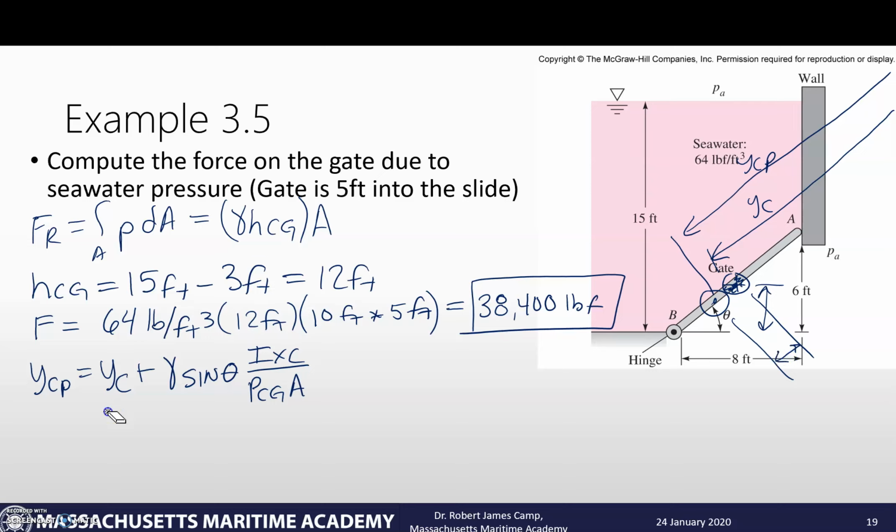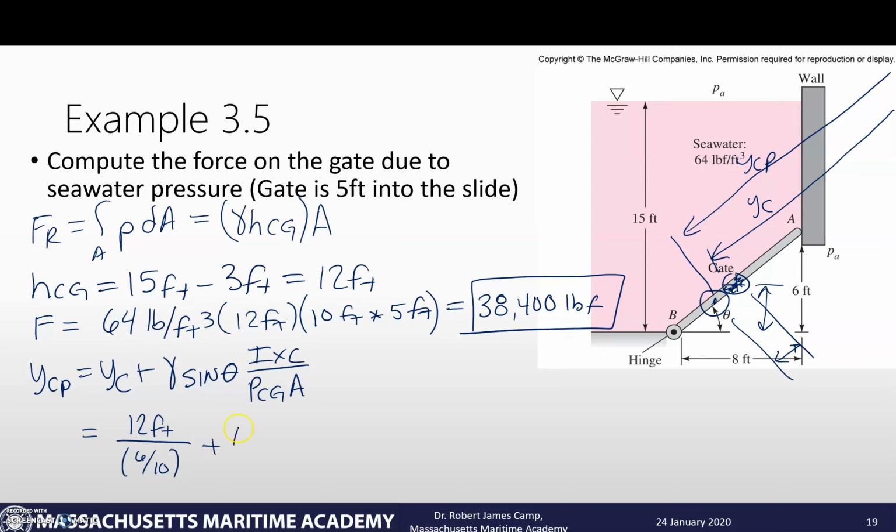Let's solve it like we're solving it out of the engineering equation manual, though. So YCP, what's that going to be? It's our depth to the center of gravity, which is 12 feet, divided by the sine of the angle. The sine of the angle is 6 divided by 10, because sine is the opposite over the hypotenuse.